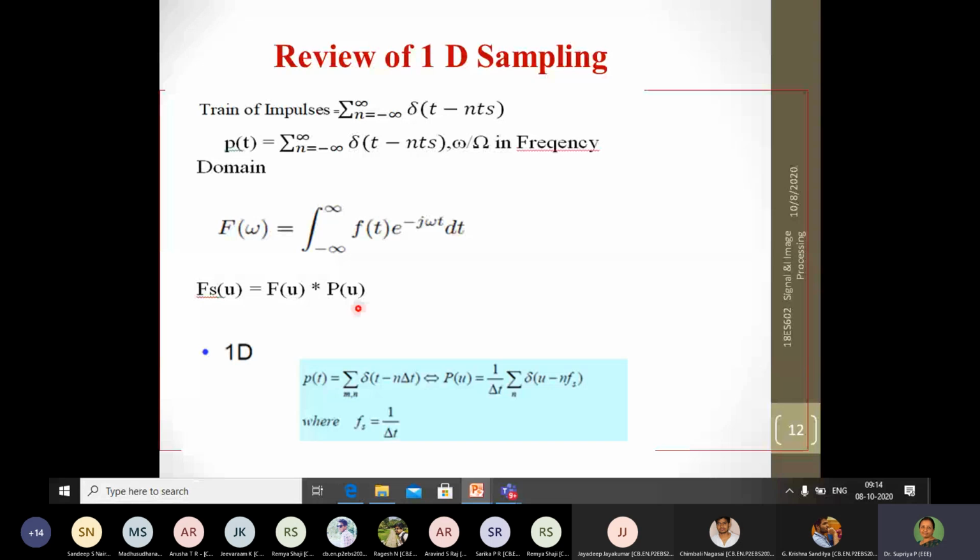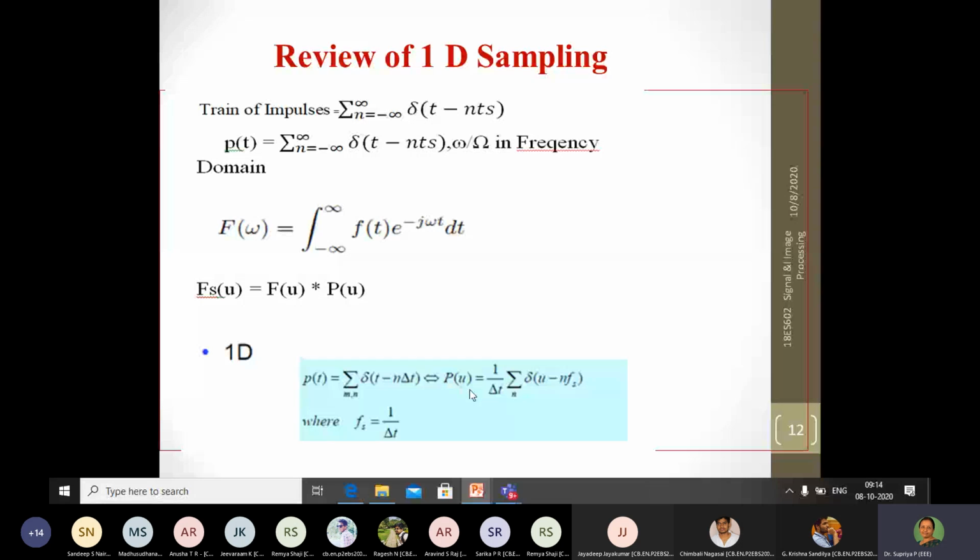If we go a little deeper into what has been considered there, it is the same thing. We have the train of impulses delta t minus n into delta t. Instead of delta t, we could use Ts or T0, any term representing the sampling interval. Then we have gone on to say what its representation in the frequency domain would be.